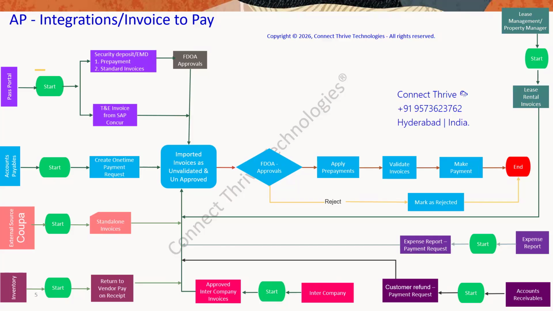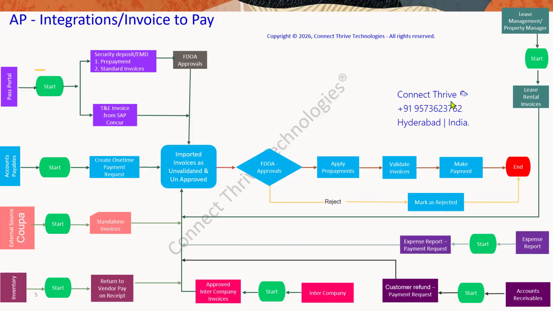This is the way it will be in real time, guys. See here, we receive invoices from multiple sources: a portal, some other external source, payment request invoices, the Coupa module, inventory module, intercompany, AR customer refund, expense report, and lease accounting module.